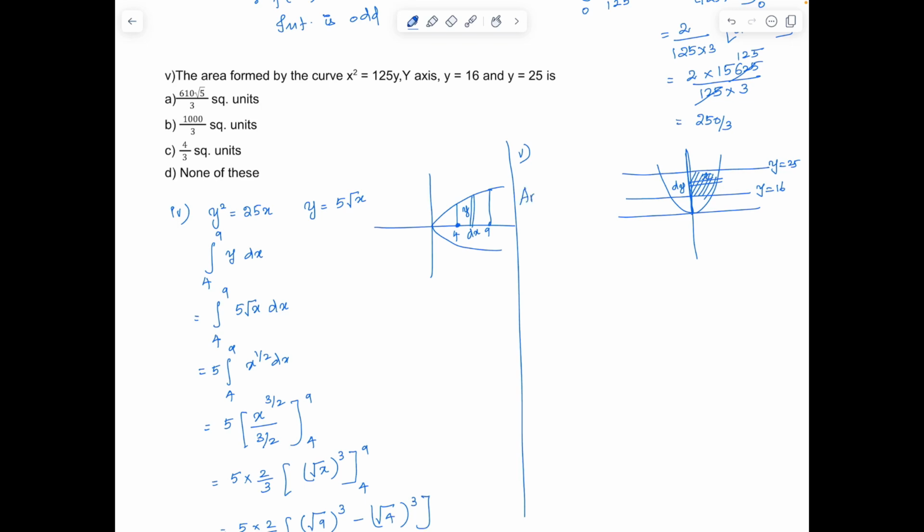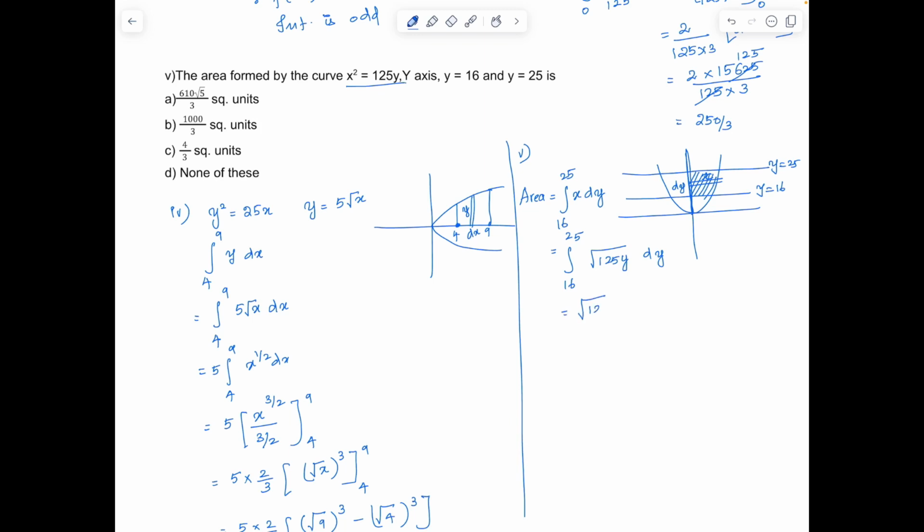So area is equal to integral 16 to 25 x dy. Integral 16 to 25 root 125 y dy. So this root 125y comes from this equation. x square is equal to 125y.